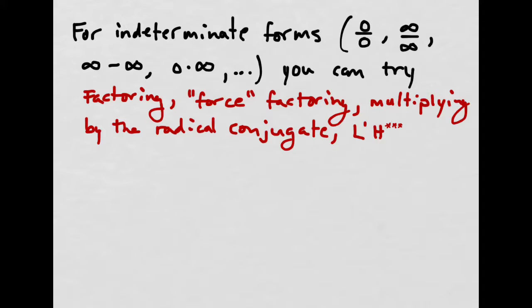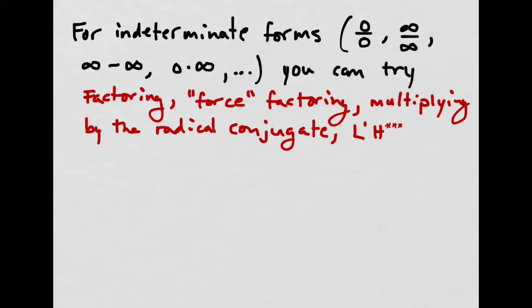I feel like once students learn L'Hopital's rule, they rely on it very heavily, which is fine, I guess. But don't forget that you have to have that form to be able to use L'Hopital's rule. Otherwise, you should use these other tricks. For some of these, you could also use the squeeze theorem. But if we know L'Hopital's rule, it takes care of the squeeze theorem fairly easily, and I feel like more people would remember that.